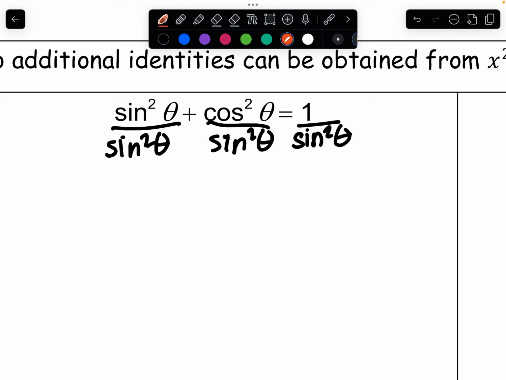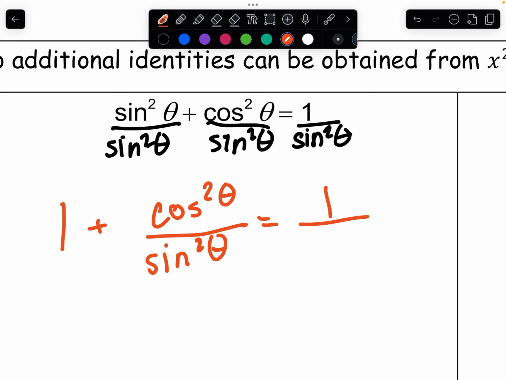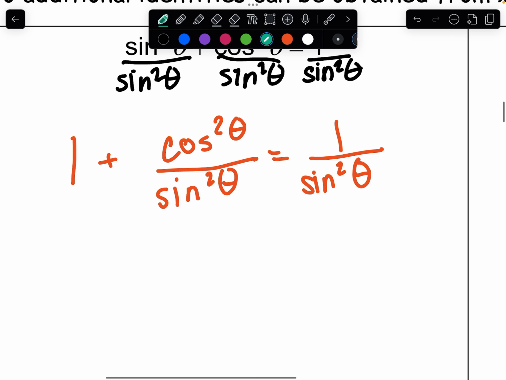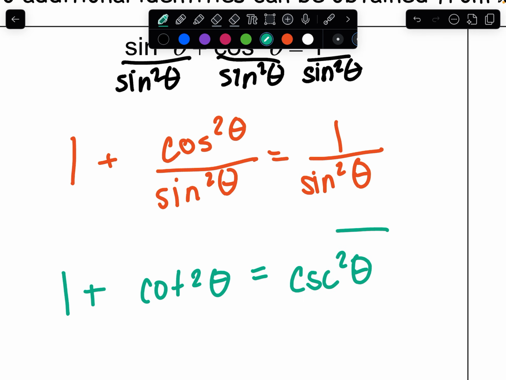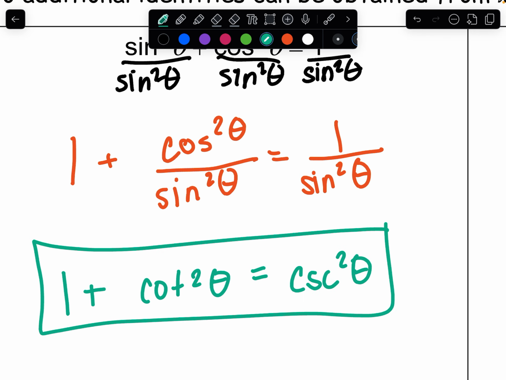So what we get, well, anything divided by itself is 1, plus cosine squared theta over sine squared theta equals 1 over sine squared theta. Using everything we saw on the previous page, cosine over sine is cotangent, so this is cotangent squared theta, and then 1 over sine goes with cosecant, so this is cosecant squared theta. And that is our other Pythagorean identity.